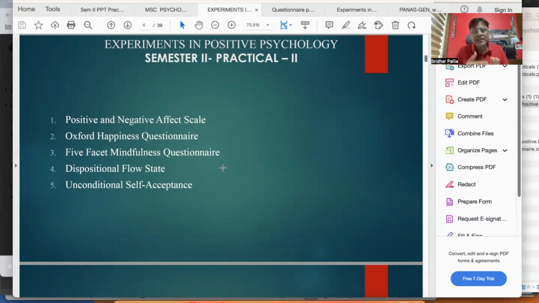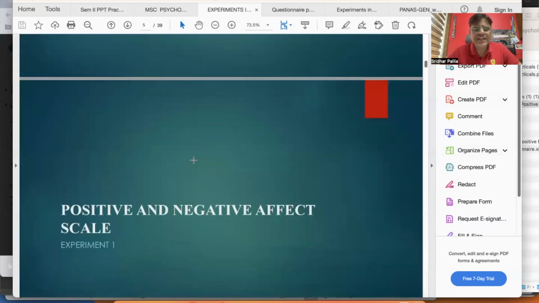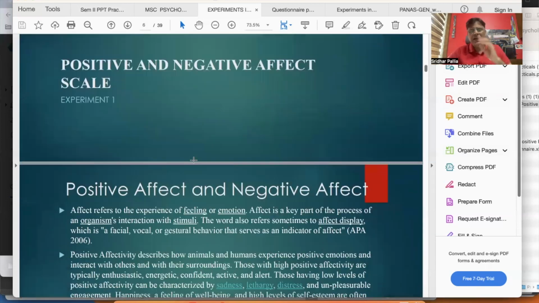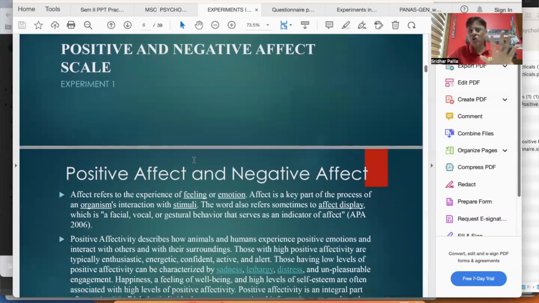After they answer, and I'll tell you what we're going to answer and how, we are going to calculate the total score, and based on the score we come to a conclusion. That's the experiment for all the 5. Simple. So let us see the positive and negative affect scale to start with, and it'll be the same pattern for all the 5.